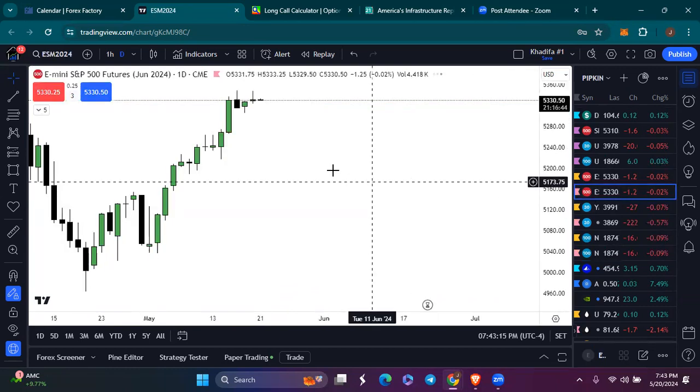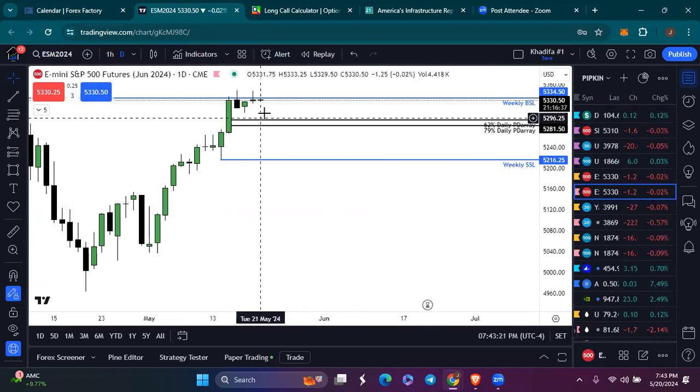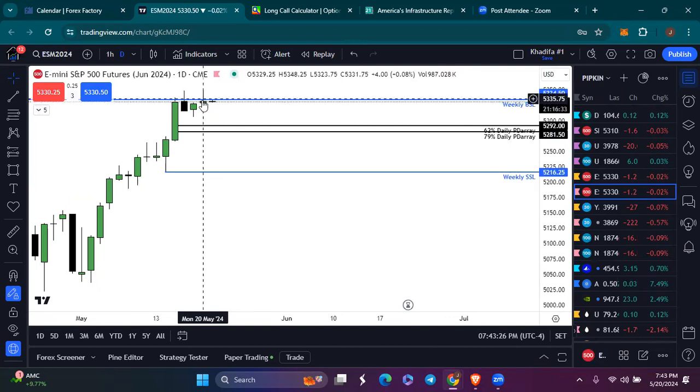But with ES, I'm looking for ES to pull back down into last Wednesday's PD array level, right? And continue higher, because today's candle didn't show as much aggressiveness as NQ did, right?